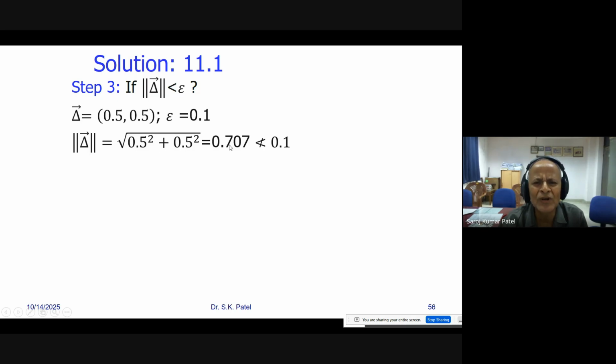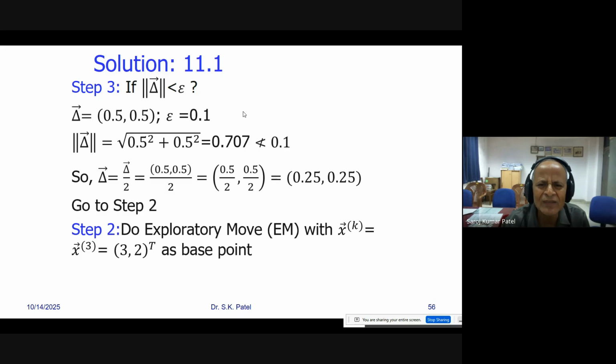It will be 0.707. This is not less than your epsilon value 0.1. So since we will not stop here, now we have to decrease this step vector. This (0.5, 0.5) will be reduced by dividing by 2, alpha is 2.